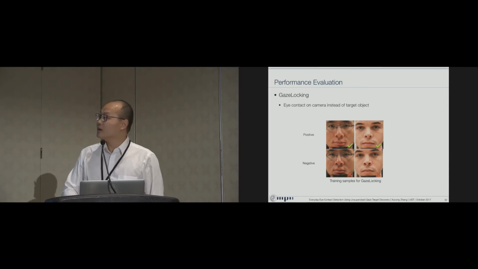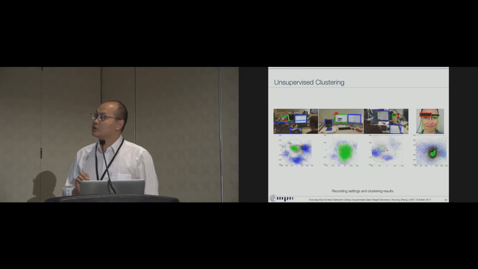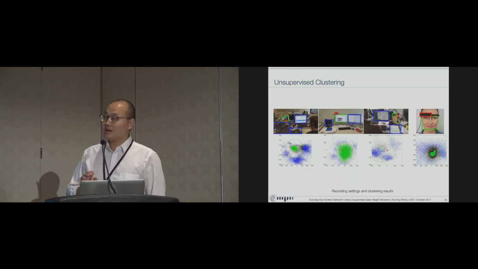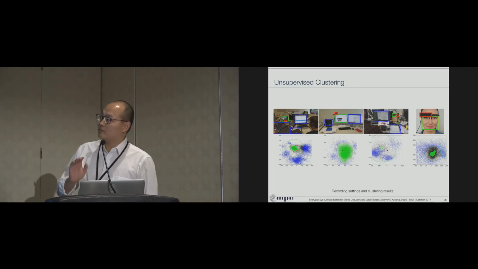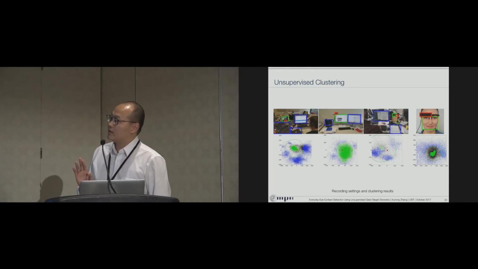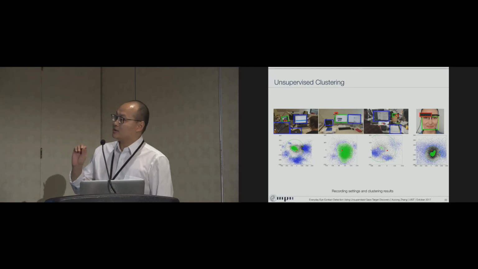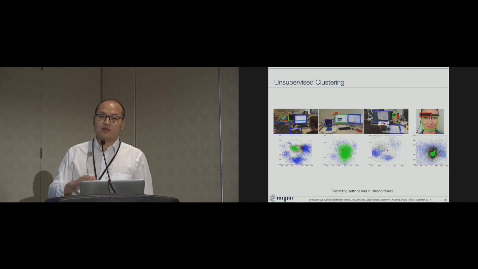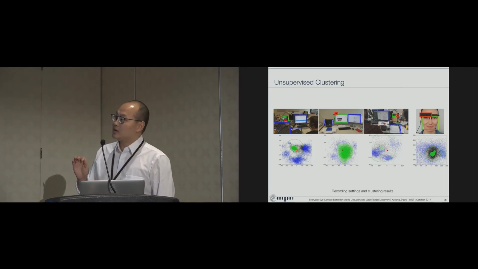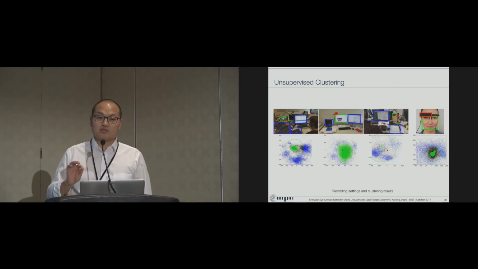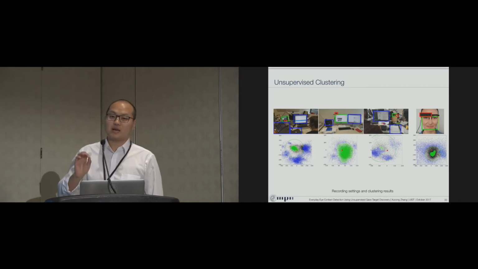Okay. So next, I want to show you the result of our unsupervised clustering. The first row is the recording setting. The blue rectangle is the different attractive object. The green rectangle is the target object, and the red one is the camera position.